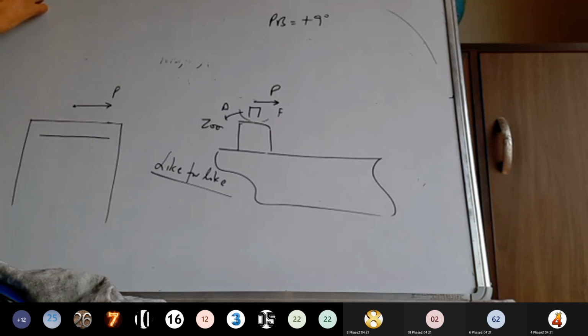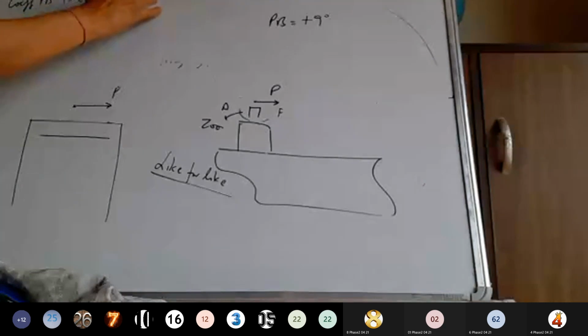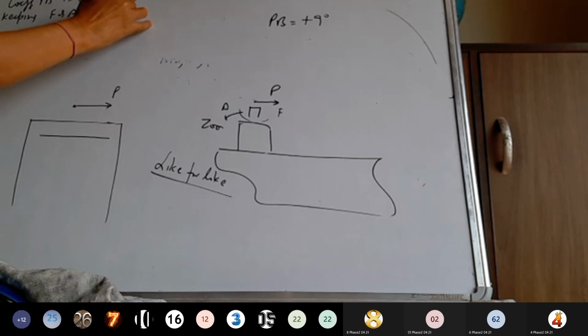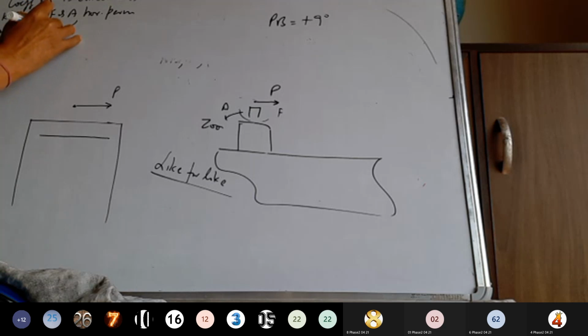So you can say coefficient permanent B is corrected by keeping 4.5 horizontal permanent magnets below the compass position. So coefficient permanent B is corrected by keeping 4.5 horizontal permanent magnets below the compass.